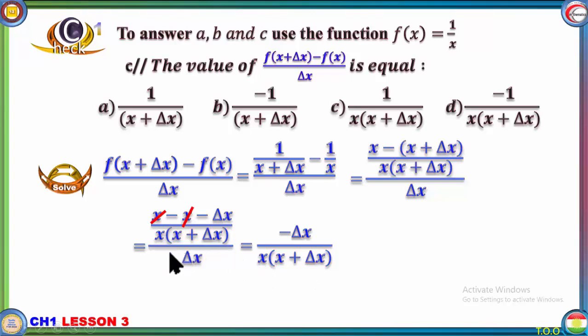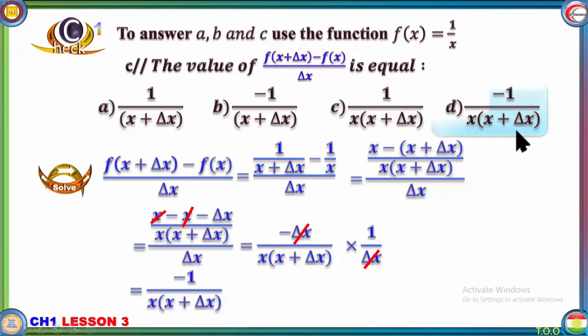Change this division to multiplication, then it becomes 1 over delta x. Cancelling delta x with delta x, it becomes minus 1 over x times x plus delta x. You can see that D is a correct answer.